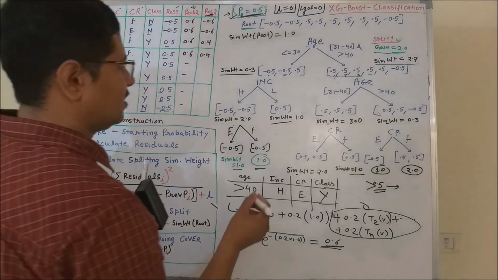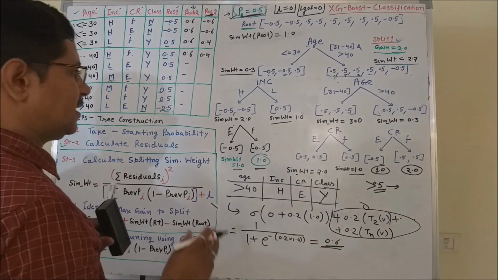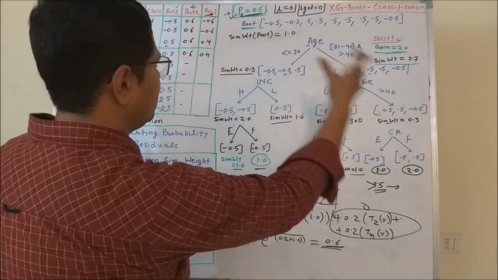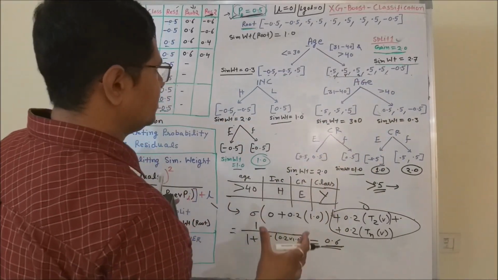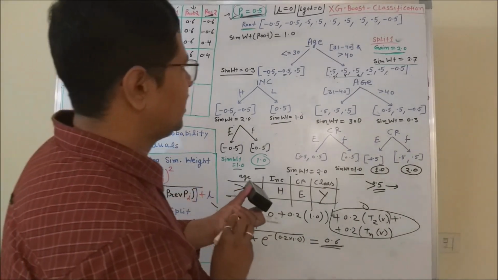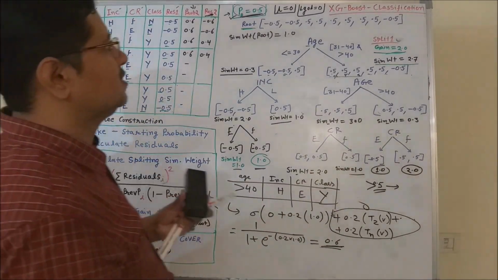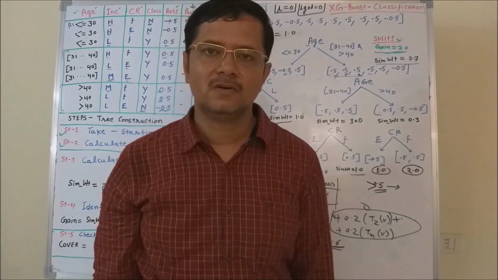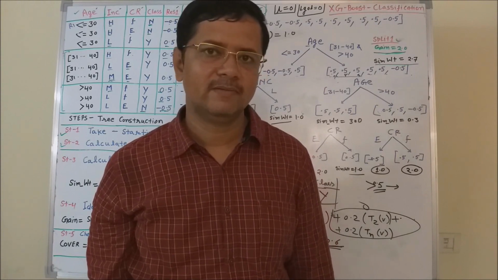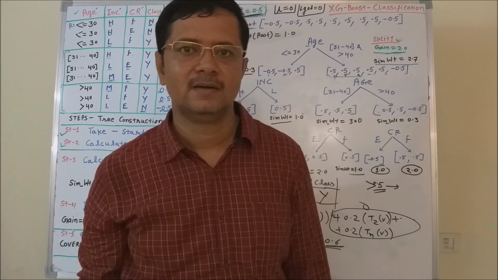I have tried the simplest possible explanation. There may be a lot of parallelism, but we didn't consider it here, just to explain the steps of XGBoost classification. I hope you will be able to understand how XGBoost actually works on the data.